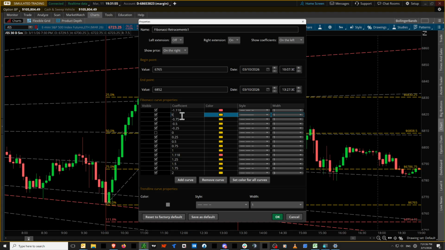I have 1.125, 1.25, but we've already marked the 2.5, so I'm going to go to the next one, 3.75, which would be next in the sequence would be 1.5.